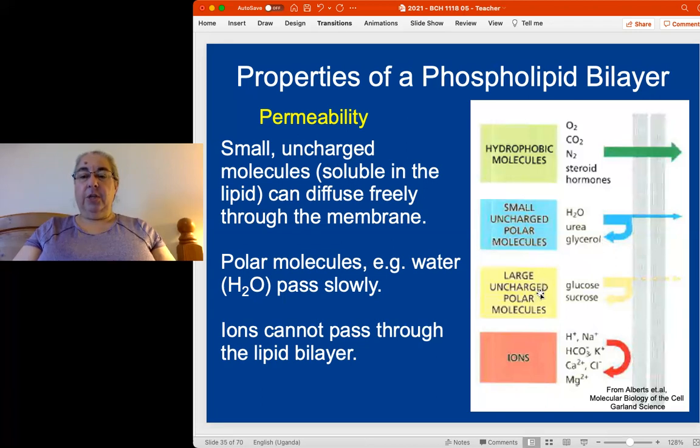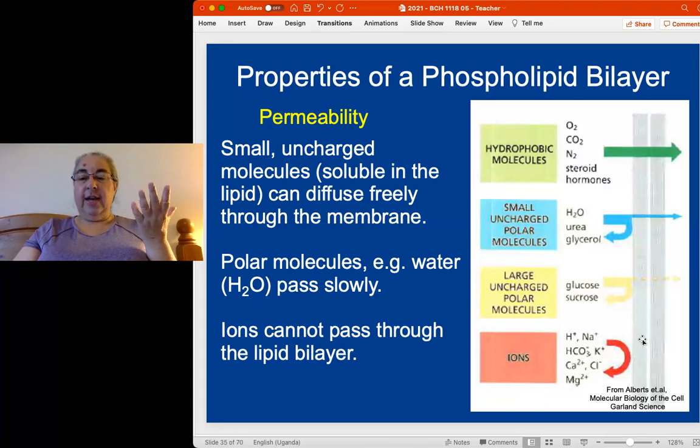Larger uncharged polar molecules, so these are small ones, these are larger ones, and the examples here are the sugars, glucose and sucrose. A smaller still amount can pass through, but most can't. And then charged molecules, which have a very good interaction with water, but are very hydrophobic because of being charged.